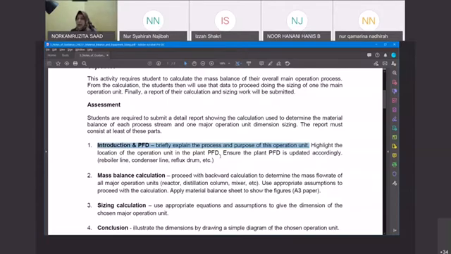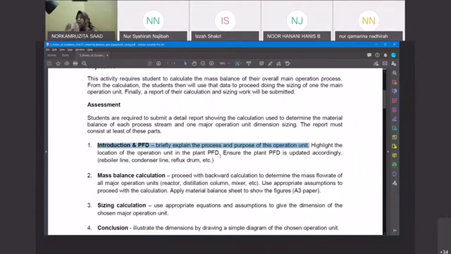Mass balance calculation: proceed with backward calculation to determine the mass flow rate of all major operation units. You know that now your equipment is in between, at the middle part of your plant PFD.